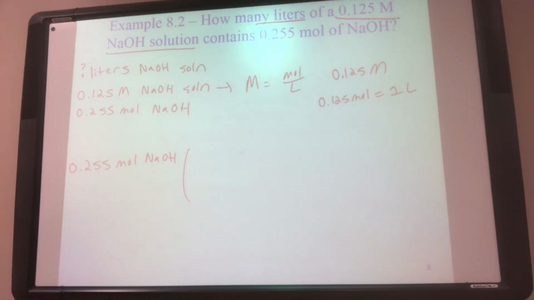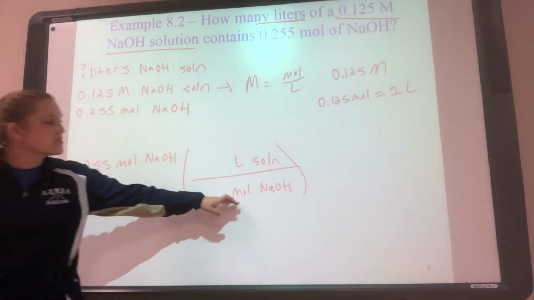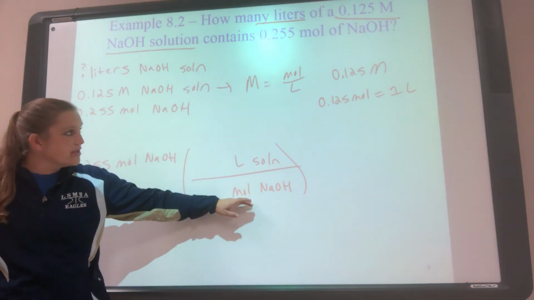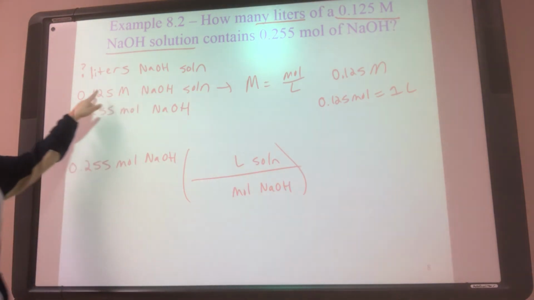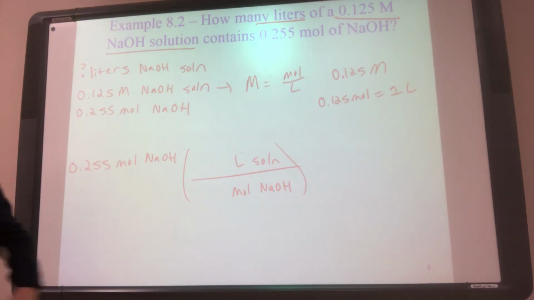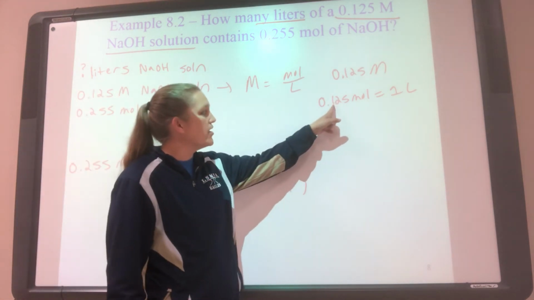So if I have moles of NaOH, the moles of NaOH is going to go on the bottom. And I'm trying to get to liters of my solution. Well, what relates moles of NaOH to liters of solution? The molarity of my NaOH. So I have the molarity of my NaOH, and I already broke it apart.